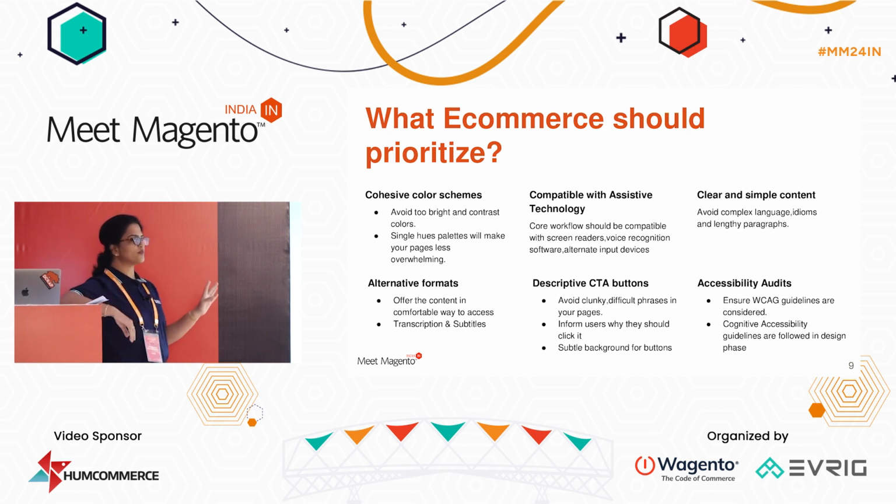Definitely in our e-commerce websites you have the product detail page where you explain the features of your products. The video content will be there. Make sure you have proper captions enabled. If you are giving any audio files, make sure you have a transcript enabled on that. And also the CTA buttons: hopefully in all the home pages you will have CTA buttons for your top selling products.